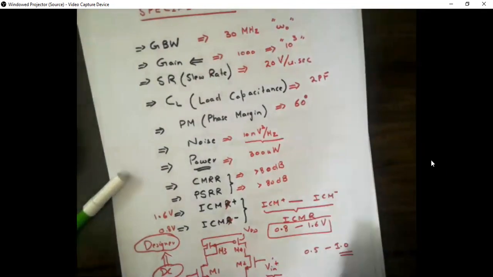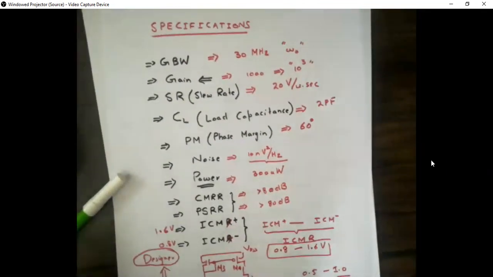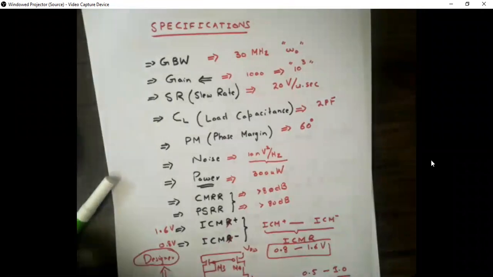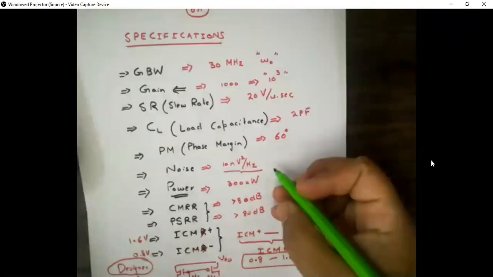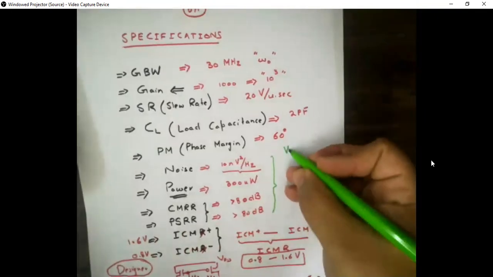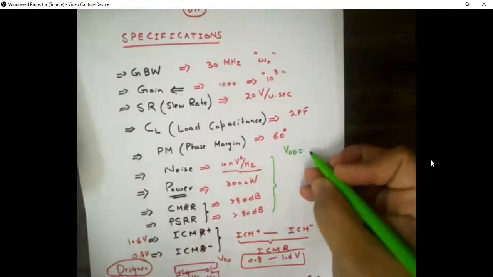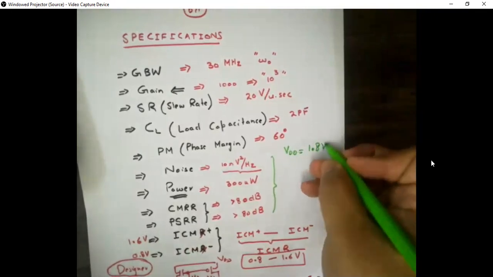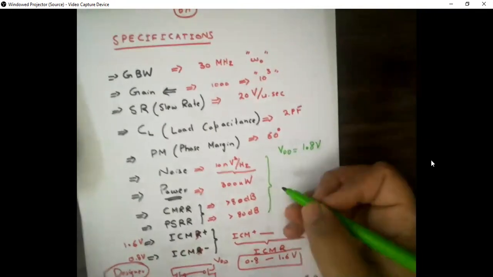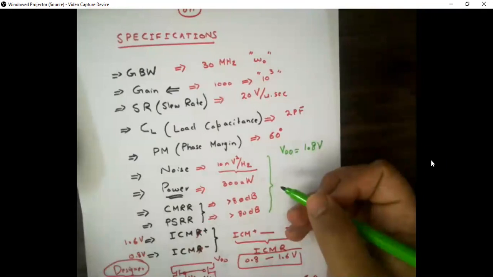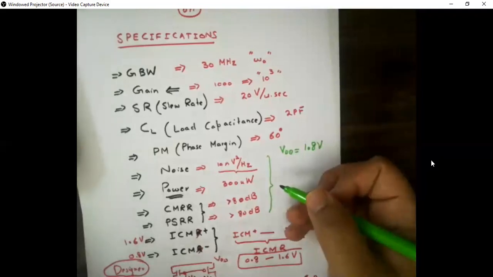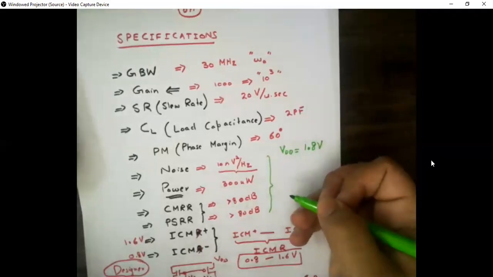Two more important things we haven't mentioned, let me write here: VDD, the supply voltage. We are taking a supply voltage of 1.8 volts. Another important thing is that you are designing an amplifier using a real transistor, so there should be a minimum channel length or technology associated with it.